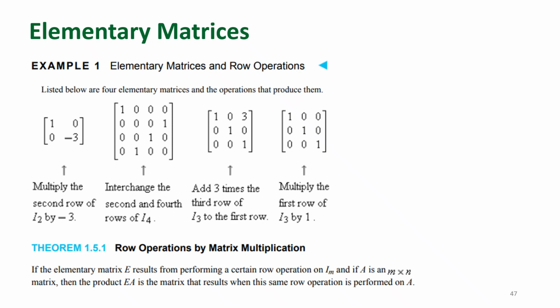Listed below are 4 elementary matrices and the operations that produce them. So this one, you can multiply the second row by minus 3. So this is an elementary matrix. Okay, so you multiply this one with minus 3.